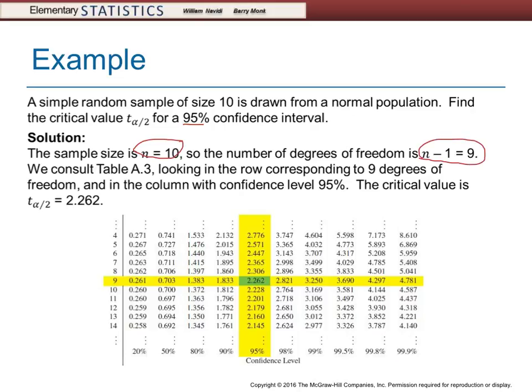We consult table A3 and look for the row where the degrees of freedom is 9, and the column with the confidence level of 95%. When we match those up, we get a value for t of 2.262.